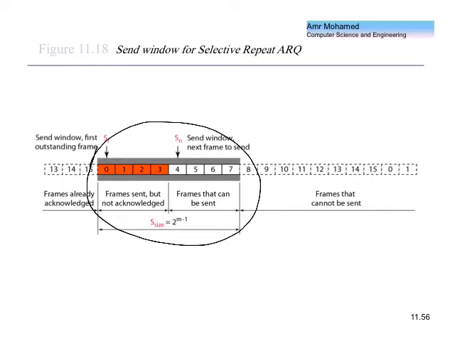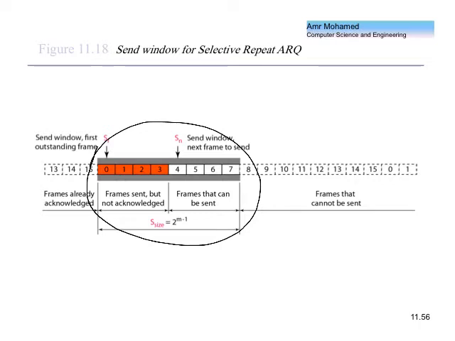Why? Because the window size of the sender will be equal to the window size of the receiver. And as we said, the window sizes of the sender and the receiver in total will have to be the sequence number. In go back N, the window size of the receiver was 1.